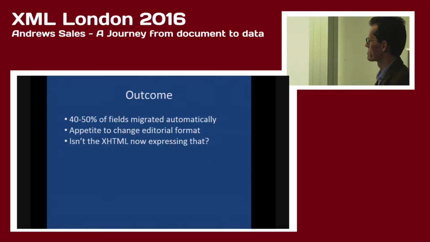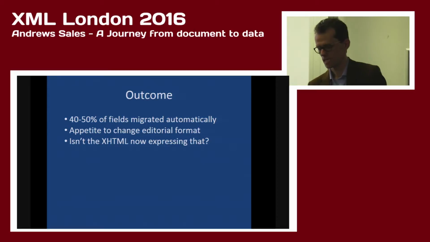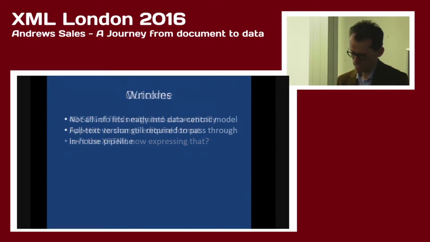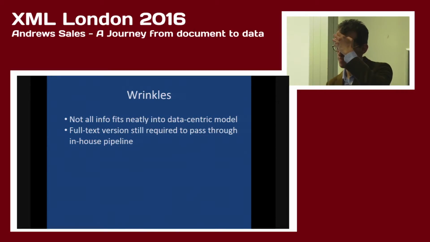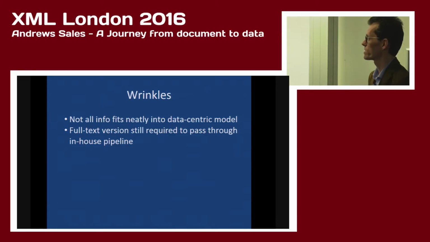And you might be forgiven for thinking, well, isn't the XHTML just the format that should be used, really? Isn't that expressing the data model that we want? Yes, but not all of the information fits neatly into this model. As I said before, there's still the need to produce discursive and other variable text which has no real value being compared, so it doesn't belong on the new platform's back end.